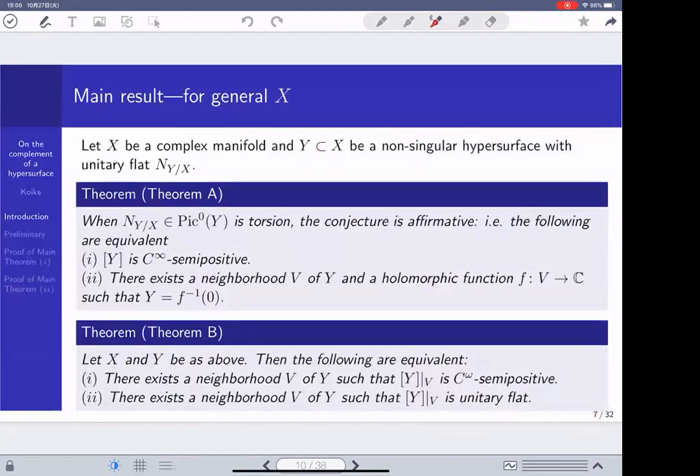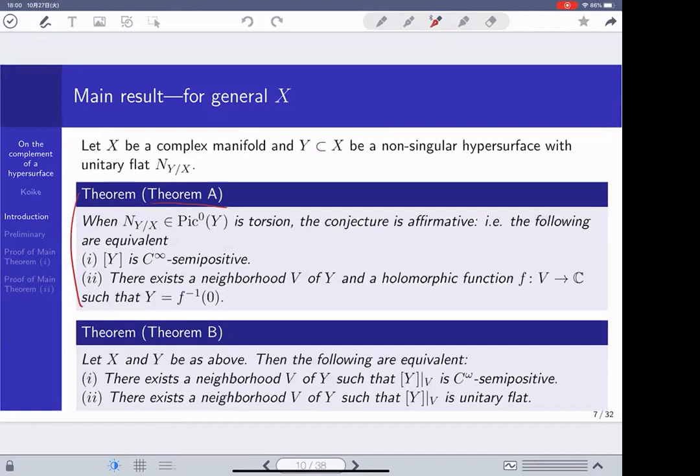Okay. Main results. Let X be a complex manifold and Y be a non-singular hypersurface with unitary normal bundle. There are 3 results. The first one, Theorem A. When the normal bundle is torsion, the conjecture is affirmative.